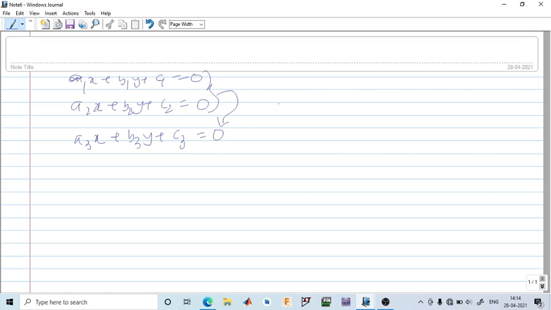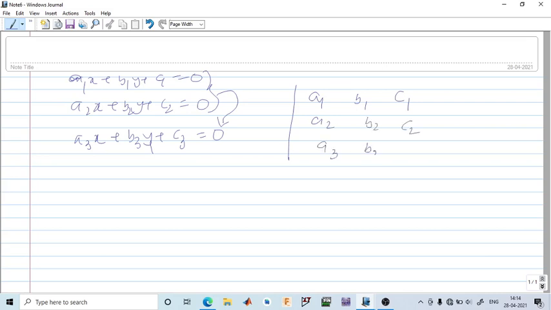In another way, this is the first method I have told, but the most important one that we will readily use in concurrency, that will help you, is the determinant. I don't know whether you know the determinant or not, but if you use the determinant form, then it would be much easier, right?